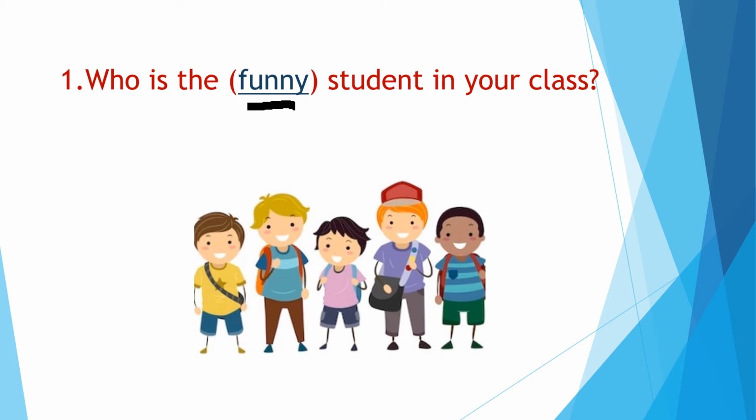But here the adjective funny ends with the letter y. So we need to remove y from the word, and instead of y we need to add i, then only we can add est. So let's read out the correct answer.